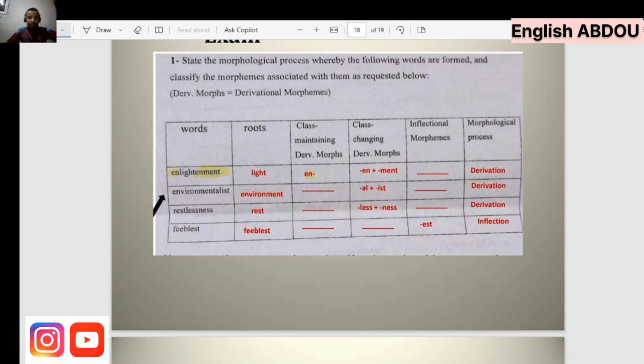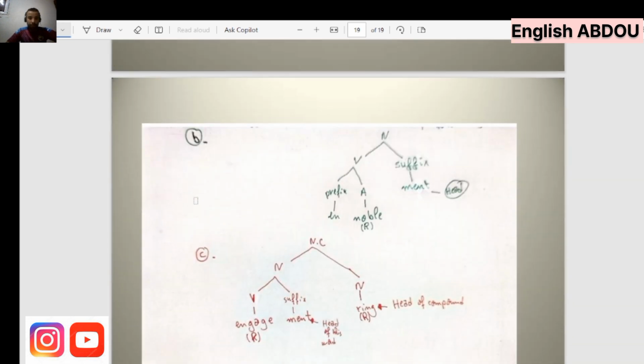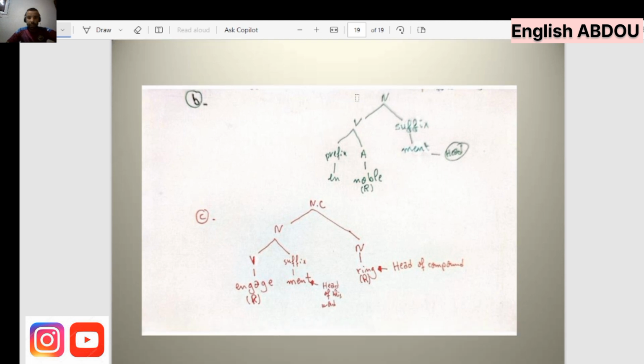Now the same thing with these words, and you can do it. And this is a tree that you have to be careful with, and you have to see the level of the words and which is the head of the word. The head is the last thing that changed the meaning of the word, like here ennoblement.